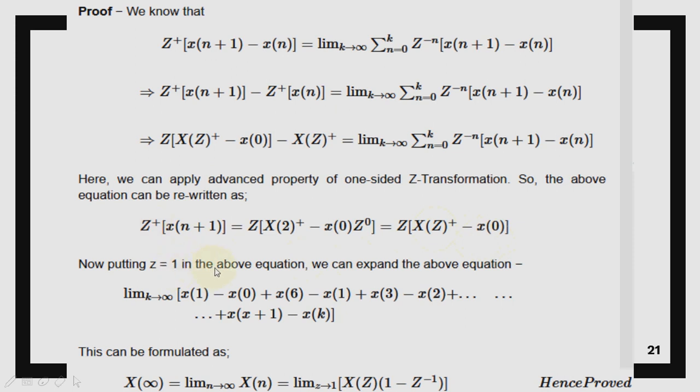By putting z equal to 1 in the above equation, the equation will become limit k tends to infinity x(k+1) minus x(0) plus x(1) minus x(0) plus x(2) minus x(1) plus x(3) minus x(2), and likewise. So 1 minus 0, 2 minus 1, 3 minus 2, like this. The above equation can be formulated as x(infinity) equal to limit n tends to infinity of x(n), then limit z tends to 1 of X(z) into 1 minus z raised to minus 1.